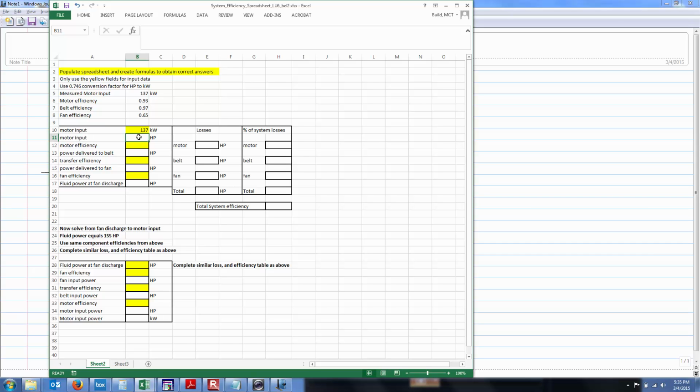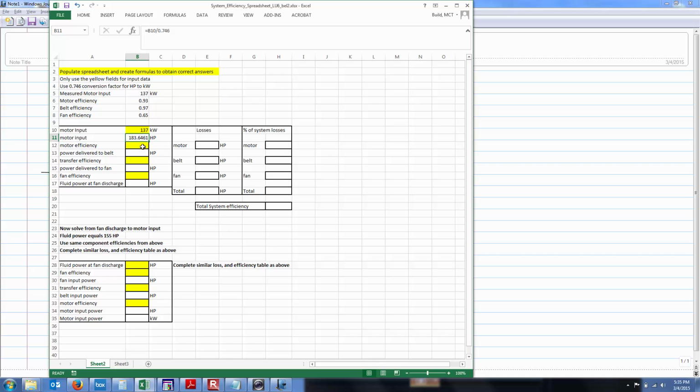Well, you got to do one or the other. So first the equal sign in there, and I'm going to try division. 0.746, and that should make sense. It should be the case that there are more horsepower than kilowatts, because a horsepower is smaller than a kilowatt.